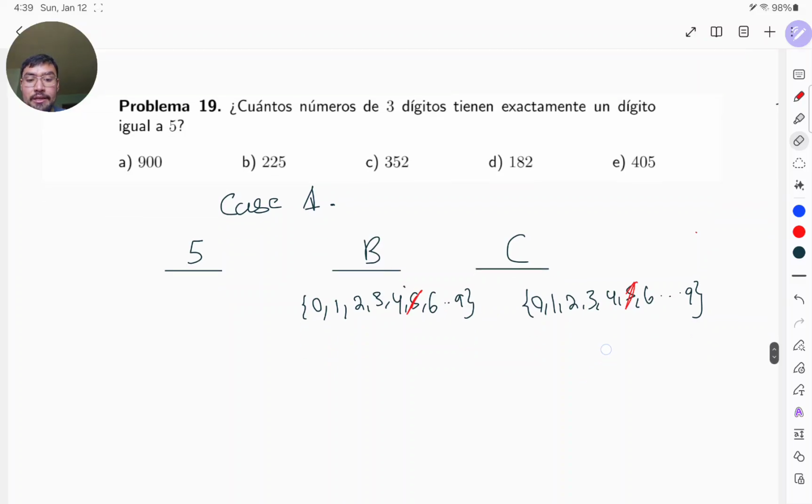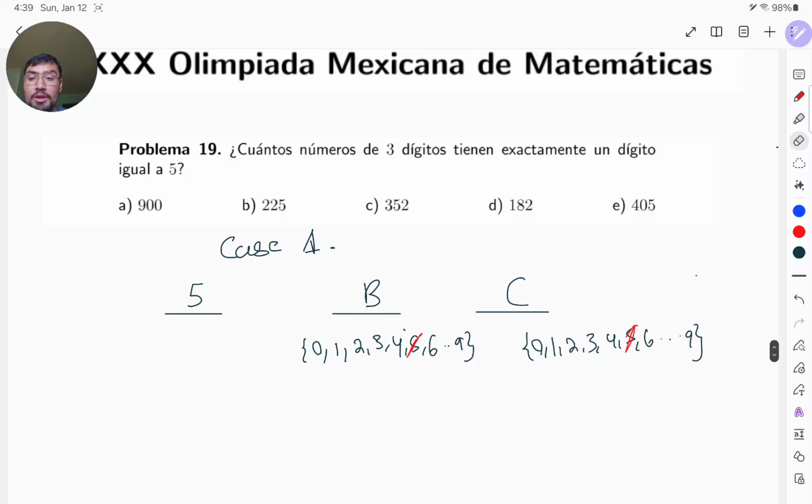So b and c can be all the digits except 5.